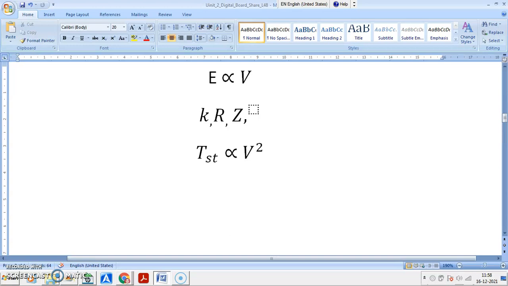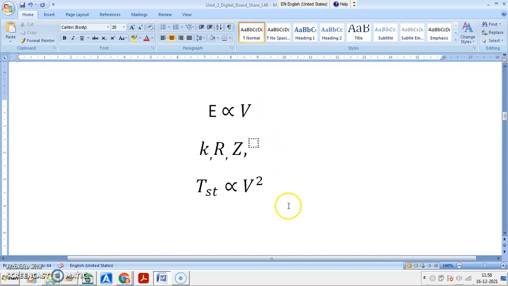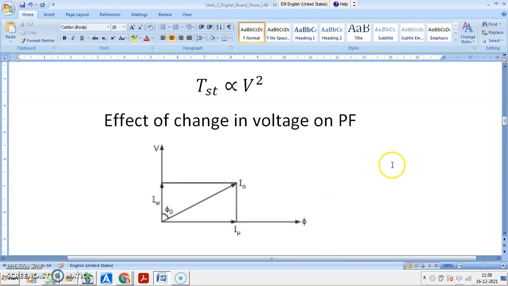When the voltage is increased or decreased, suppose when voltage is increased, starting current increases and no load current also increases. Simple diagram you can see here. Effect of change in voltage on power factor also.